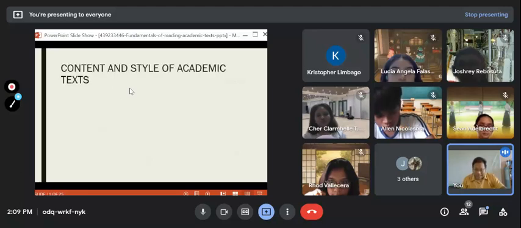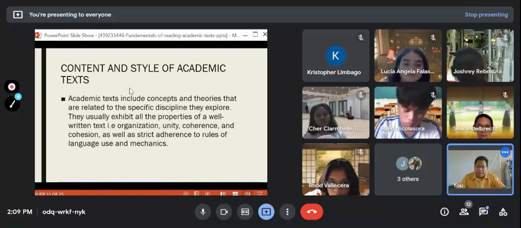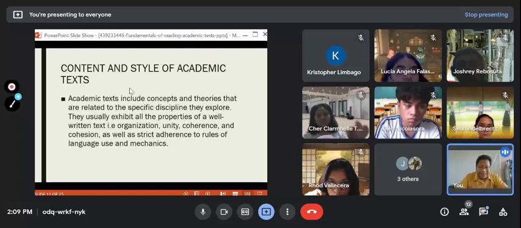Content and style of academic text. They include concepts and theories that are related to specific disciplines they explore. They also exhibit properties of a well-written text. Familiar with these properties from when we had reading and writing last year? Properties of a well-written text: it has coherence, unity, organization, cohesion, adherence to the rules of language use and mechanics.